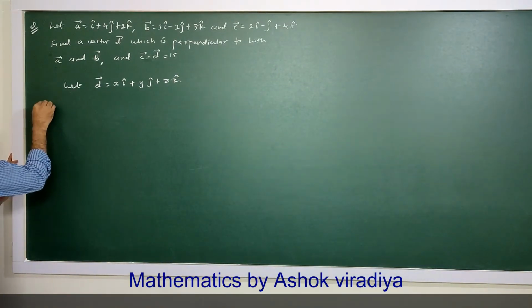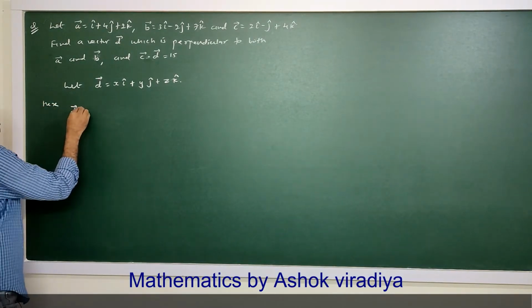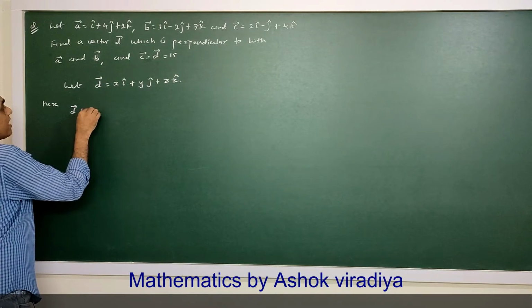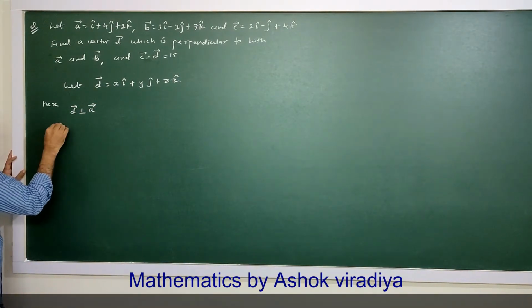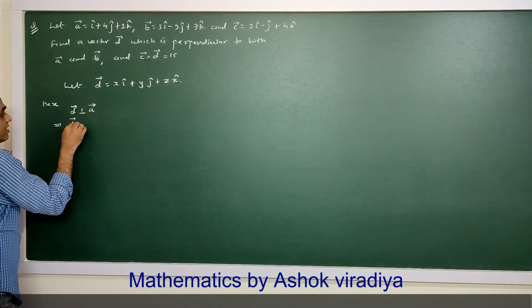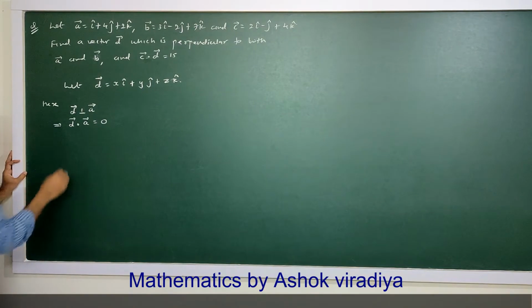Now here, given that vector D is perpendicular to vector A, therefore the dot product of vector D with vector A is 0.